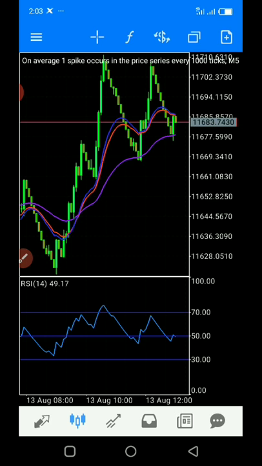So it's either you work with the 5 minutes after every spike. Whenever a spike happens, you wait for 5 minutes, and if there is no spike, you take your profit.